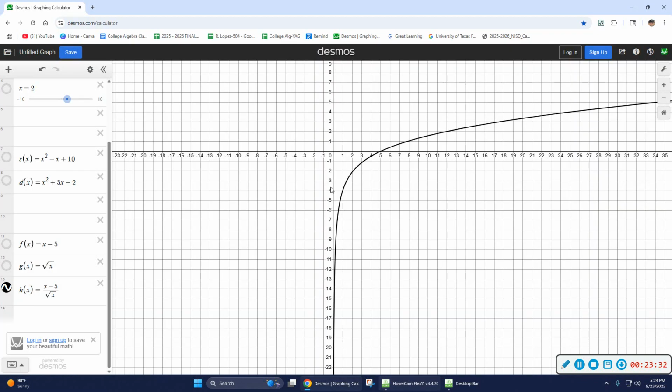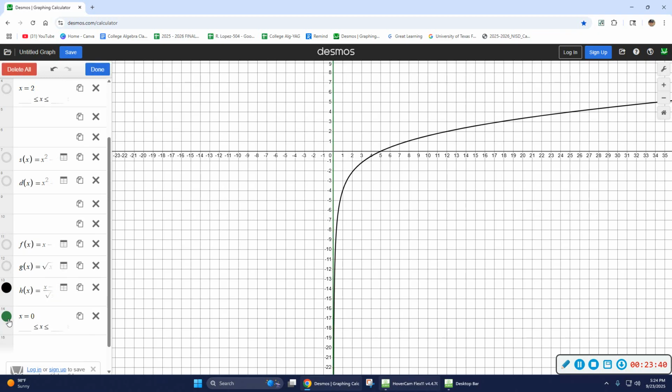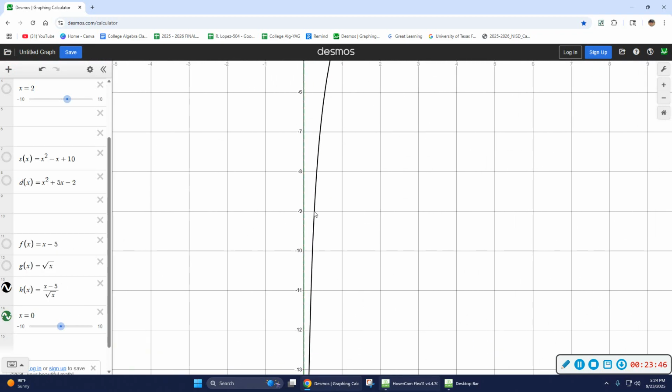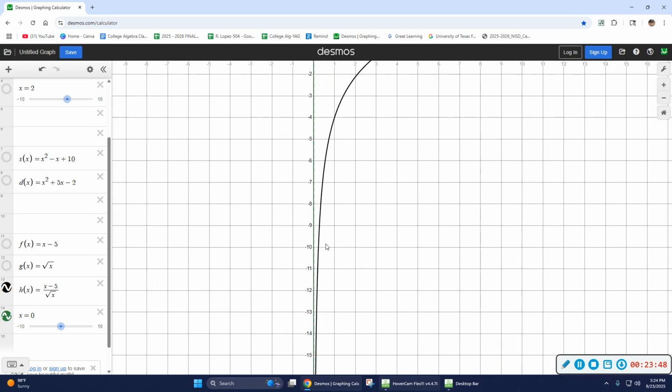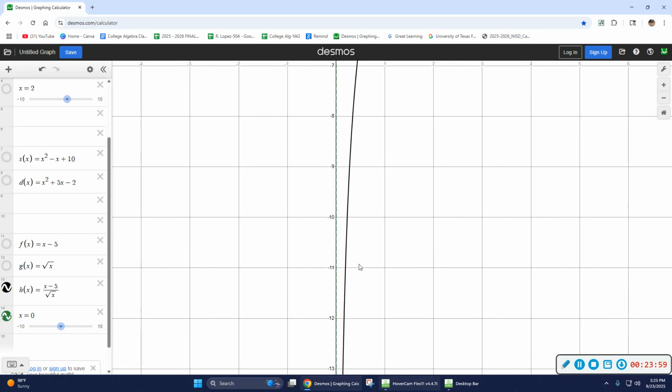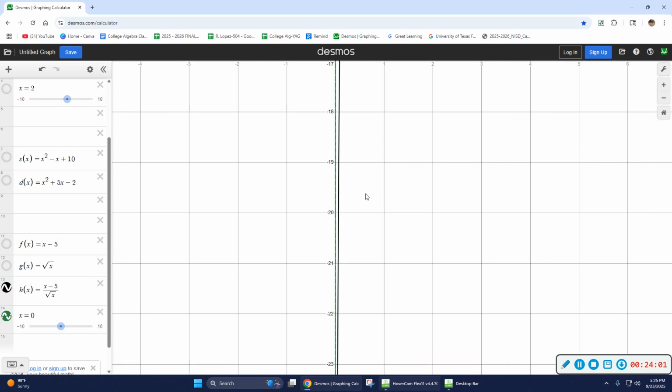Well, notice how at 0, if I create a new equation, x equals 0, let's make this a dotted line. Notice how at 0, the line never really touches it. It's a vertical asymptote. So what's my new domain? The new domain will be everything from 0 to positive infinity, except that at 0, it'll never actually exist.